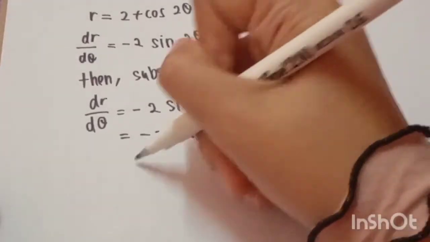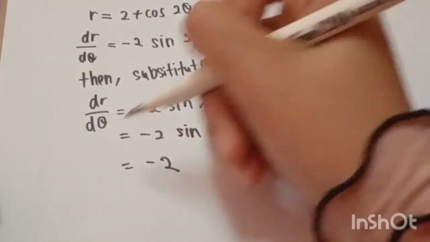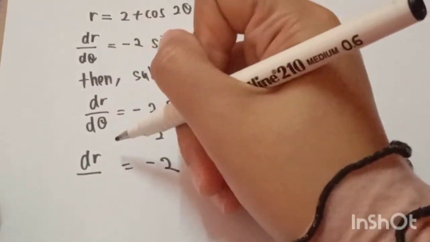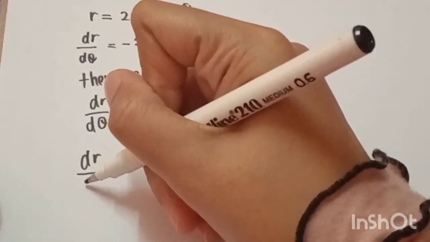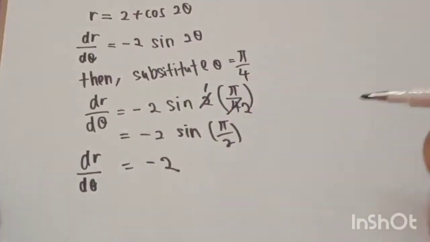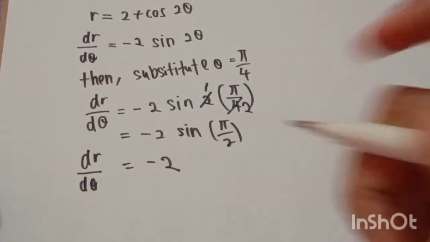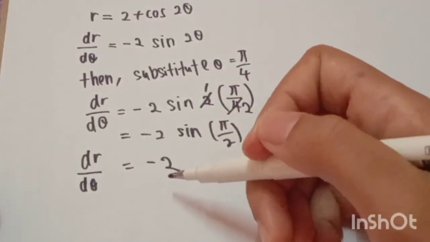Now we get the answer negative 2. So the derivative of the radius, dr over d theta, is negative 2.